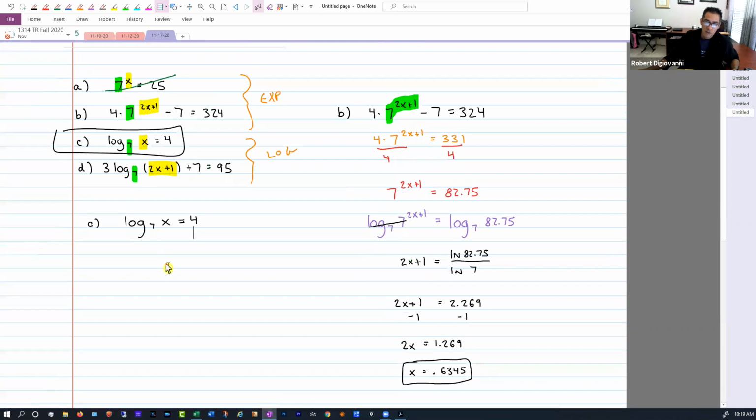So instead of a 10 on the bottom, I'm going to go 7 on the bottom and raise 7 to both sides. Do y'all see how I'm putting 7 here because it was a base 7 log? That means these are going to kill each other off and leave me with the x. And then the right side, I just get on my calculator and do 7 to the 4th power, which is 2,401.